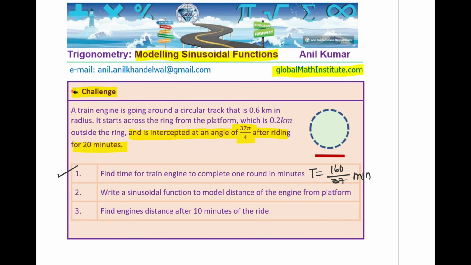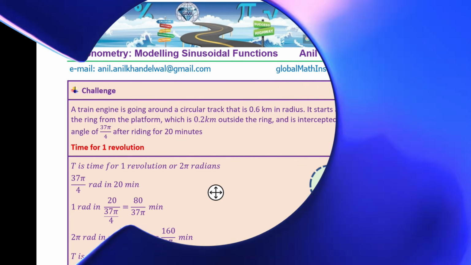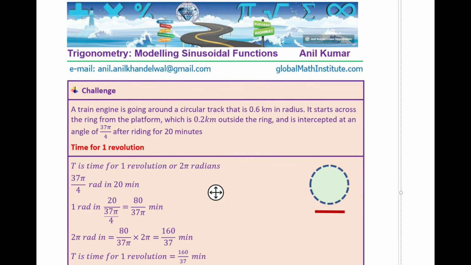minutes. Now the second part is: write a sinusoidal function to model the distance of the engine from the platform. So now let's try to do this. Here is what we did just now. That is, t is the time for 1 revolution, which is 2 pi radians, which we need to figure out.